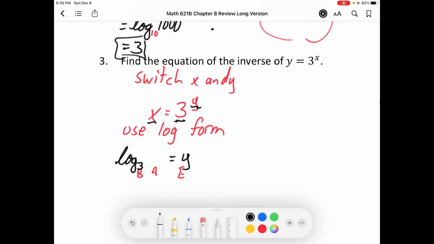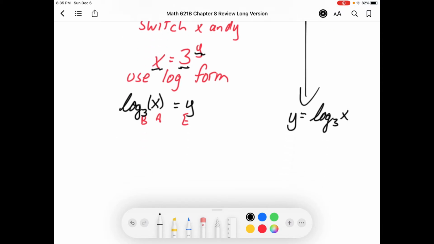And then the answer in exponential form was x. I always figure out my base and then my exponent, and by process of elimination, I've got the last piece of the puzzle. So the inverse of this y equals 3 to the x is y equals log base 3 of x. If you graph them together, they will look like inverses of each other.